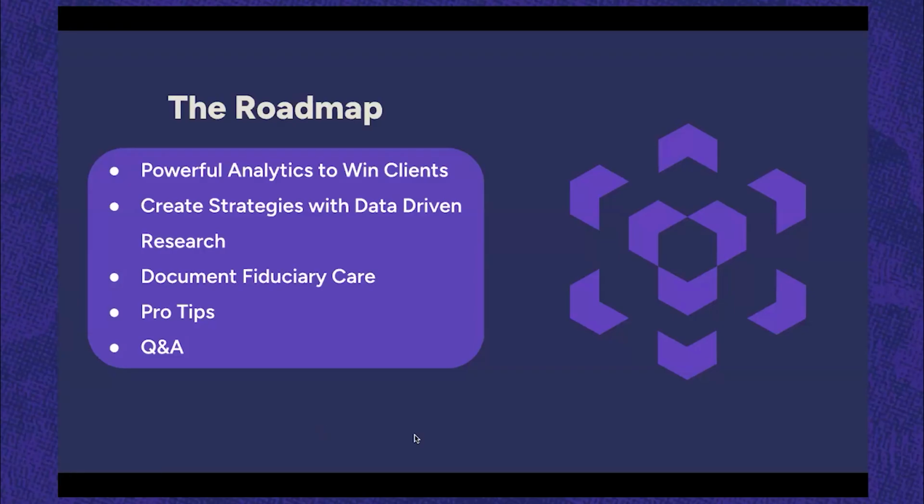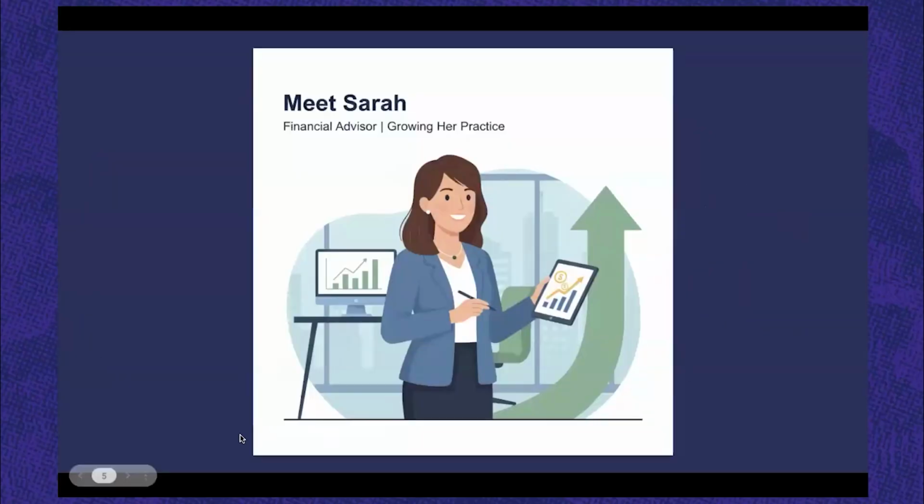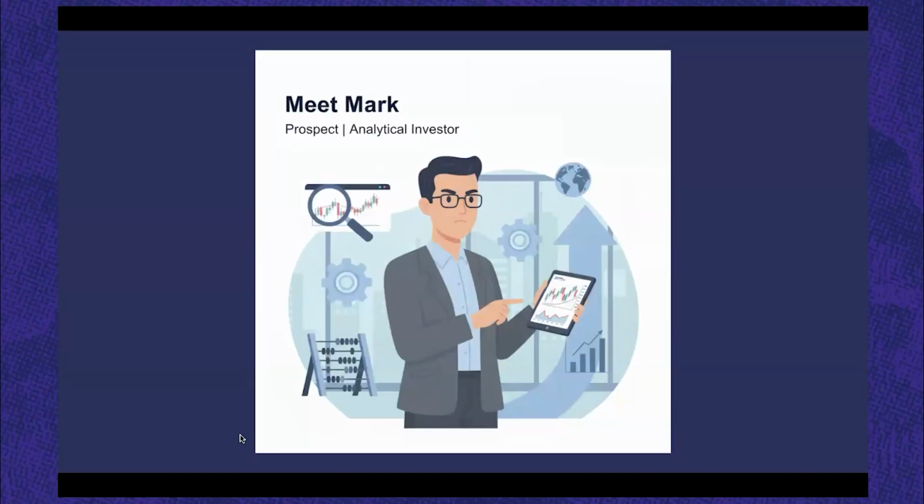Okay, let's get started here. Let's set the stage for who we're talking about. Today is all going to be about Sarah and her prospect. We'll introduce the prospect in a moment, but Sarah is a financial advisor. She is growing her practice and she is using Nitrogen to do so. She's going to be meeting with a prospect, Mark, soon. We'll talk about specifics in a moment, but Mark is a pretty analytical guy.